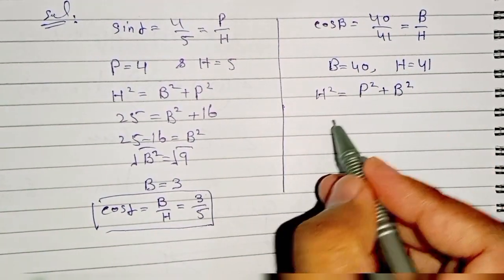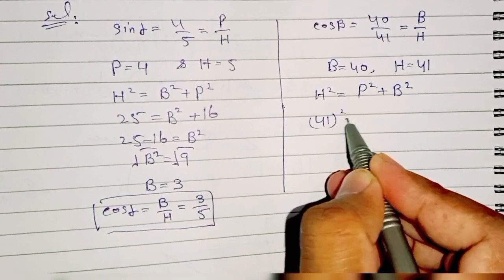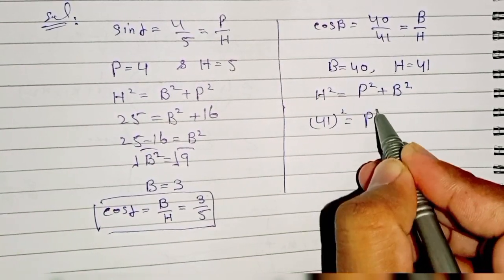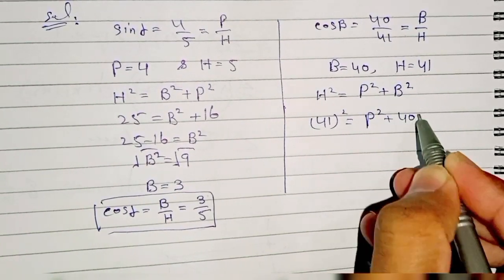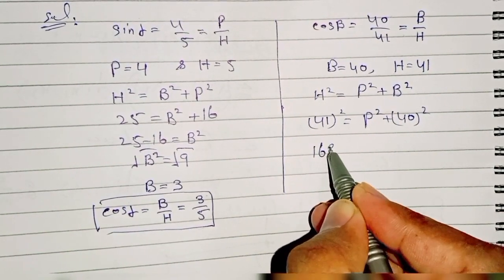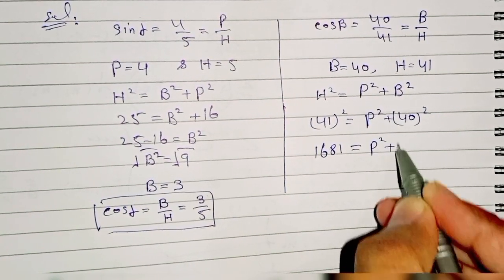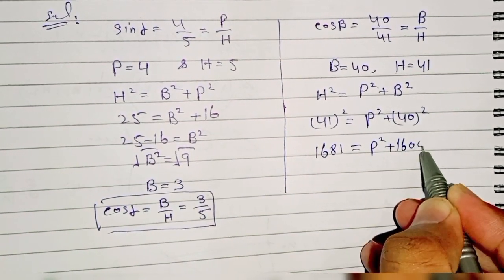Putting the values of h and b, 41 square is equal to p square plus 40 square. 1681 is equal to p square plus 1600.